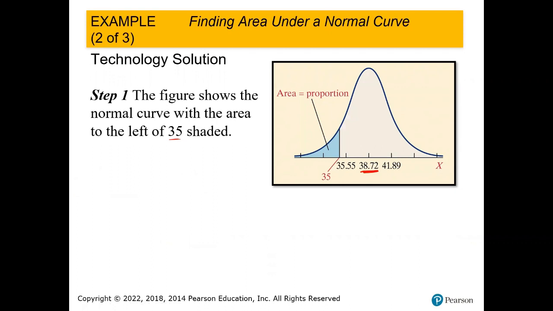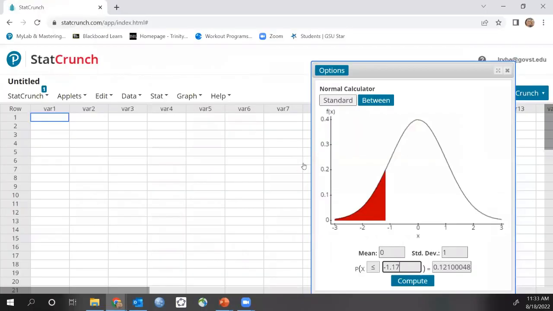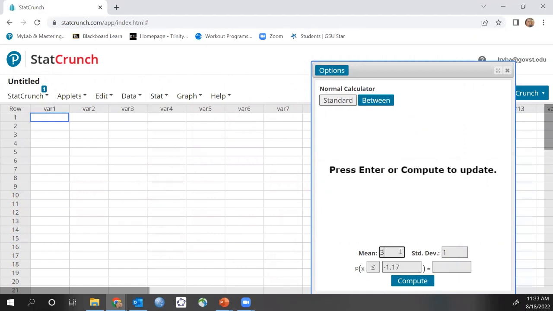If I go back here, I have the option to enter my own mean, which is 38.72. I have the option to type in the standard deviation, 3.17. And I want my data value in question to be 35, and we selected less than that 35.